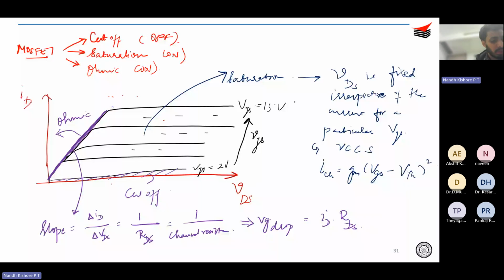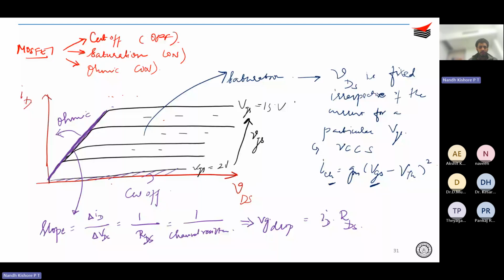So you can understand from this equation itself that if your VGS is set, your channel current is also set. Obviously it behaves as a voltage controlled current source, and the drop will be a fixed drop called VDS. And that drop is actually going to be very high.